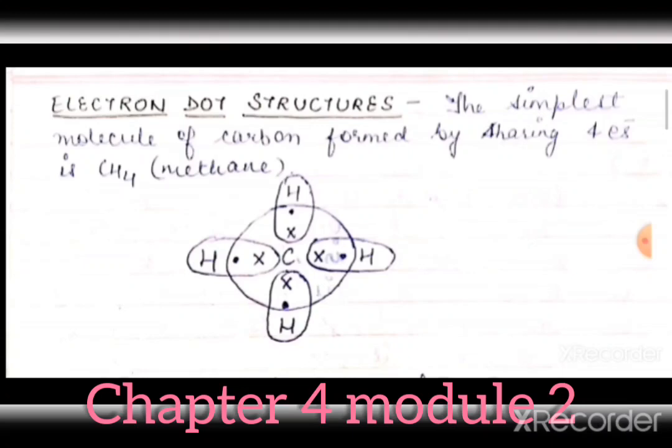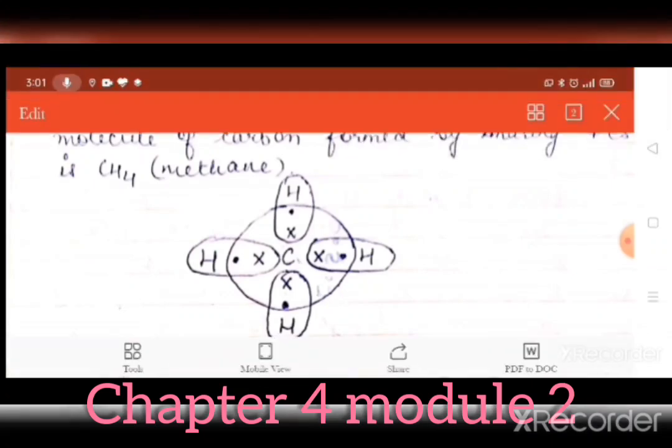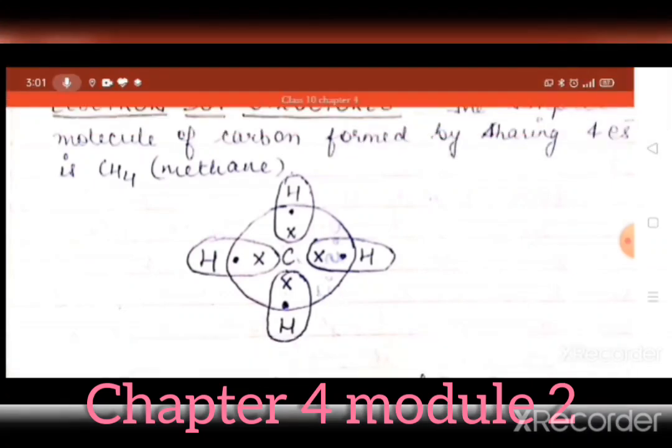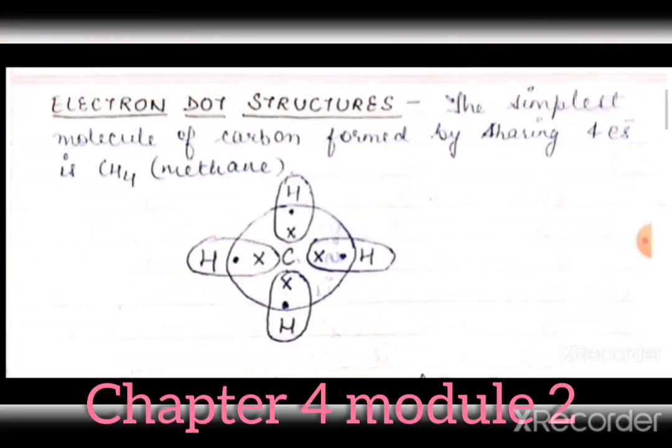So here is the methane molecule, which is shown first. The simplest molecule of carbon, formed by sharing 4 electrons, is methane. Here carbon is in the center, having 4 outermost electrons, shown by crosses, and then there are 4 hydrogen atoms, each having 1 outermost electron, shown with the help of dots.